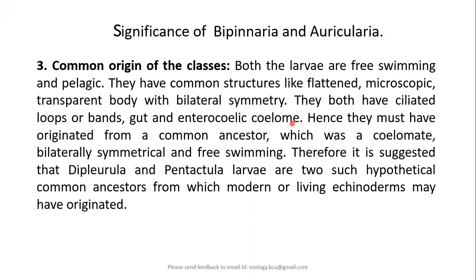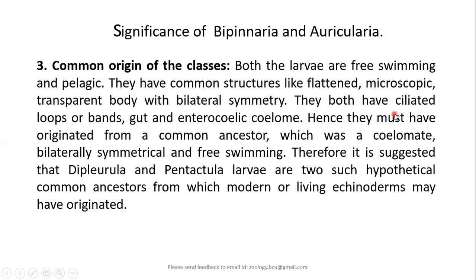Coming to the origin of classes. As we see in the echinoderm larvae, both the larvae are free swimming and pelagic. They also have common structures like a dorsoventrally flattened body. The larvae are microscopic, the body is transparent, and it is bilaterally symmetrical.